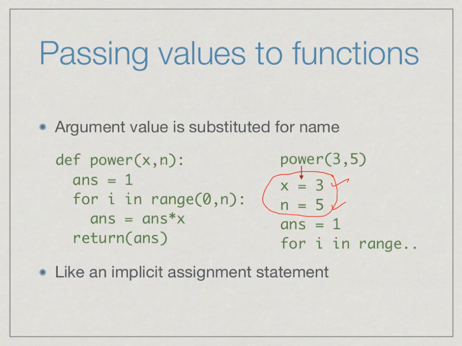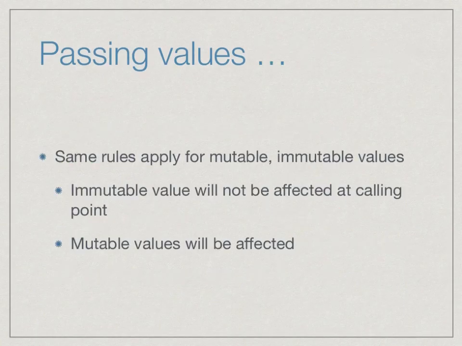And since it is an assignment, this behaves very much like assignment in the regular case. In particular, the same rules apply for mutable and immutable values. Remember, we said that when we write something like x equal to y, if it is immutable, that is, the value in y cannot be changed in place, then we copy the value and we get a fresh copy in x.